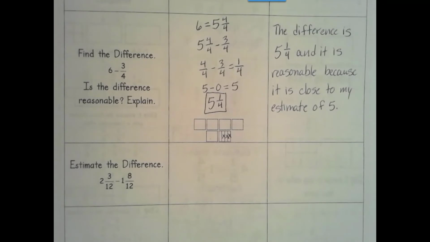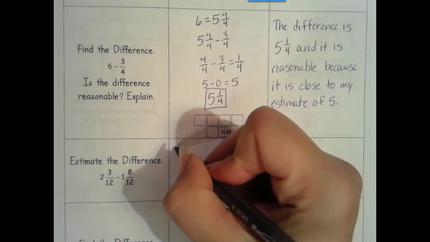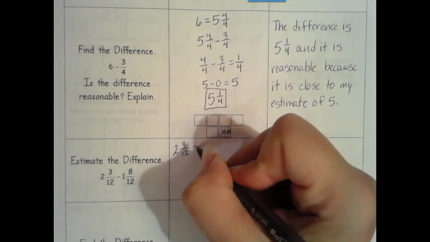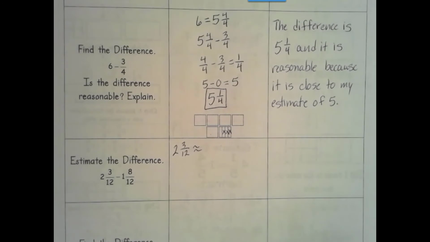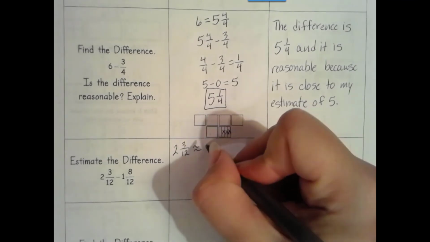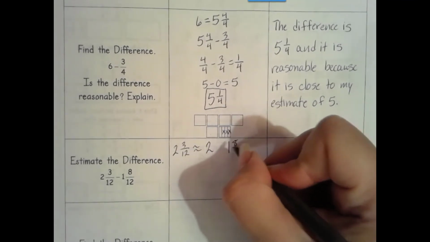Alright, so here we're going to estimate again. I have 2 and 3/12. Well, half of 12 is 6, so 6/12 is our halfway benchmark. This is less than 6, so that's closer to just being 2. 1 and 8/12.